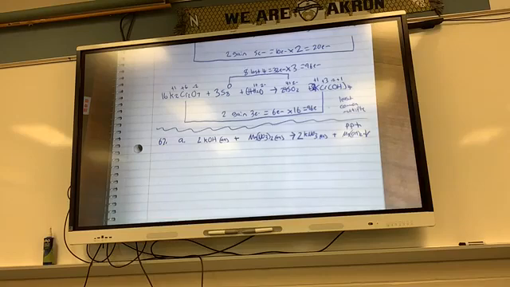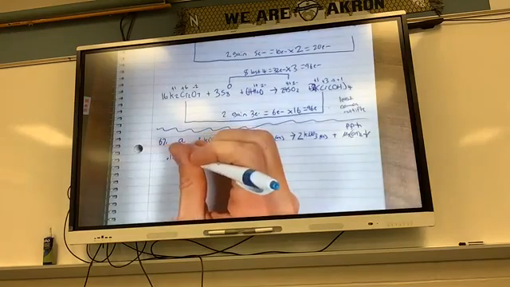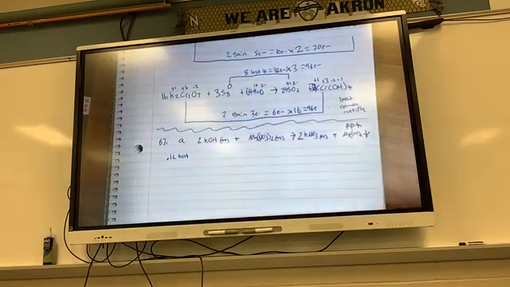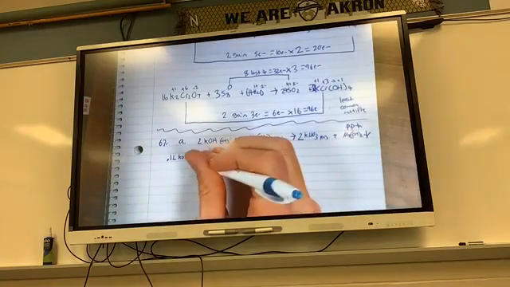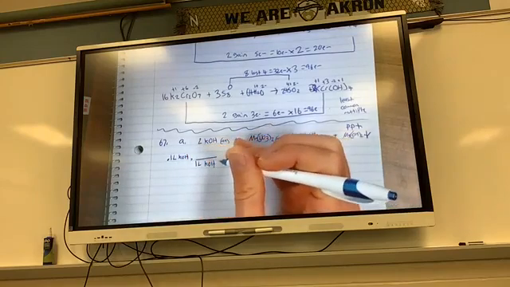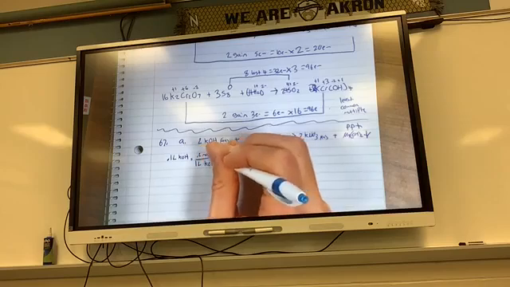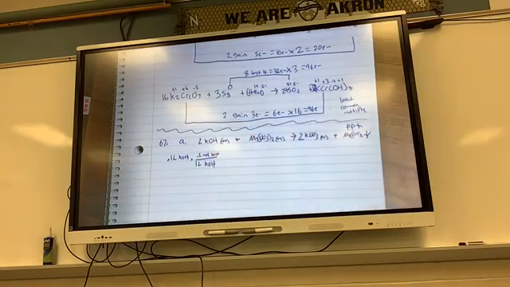So on 67, they gave me 100 milliliters of KOH. Are you guys okay with that being 0.1 liter of KOH? Yes? And we know for every 1 liter of KOH, they said we get 0.2 moles of KOH. Oh, hold on.